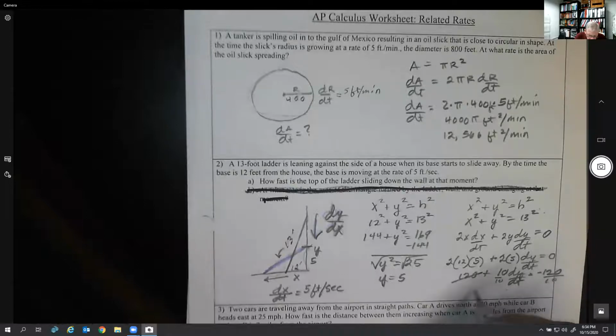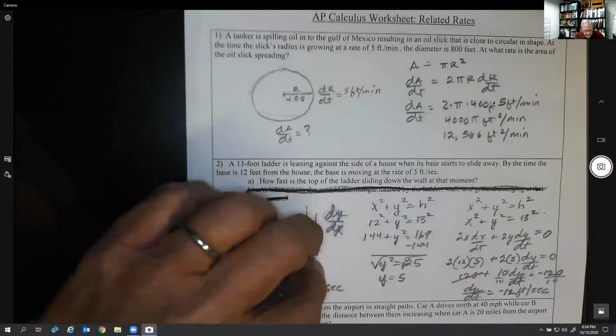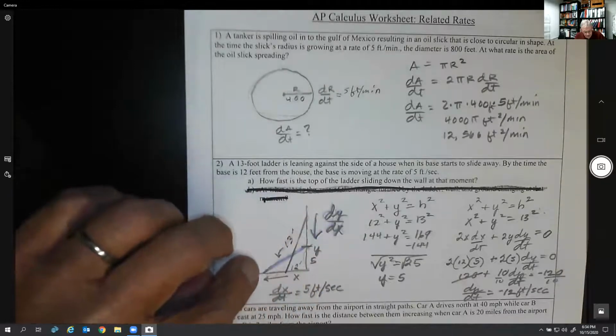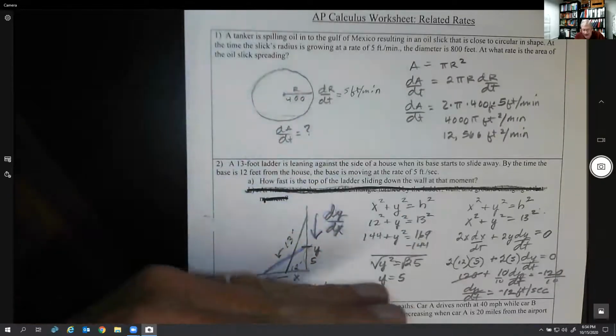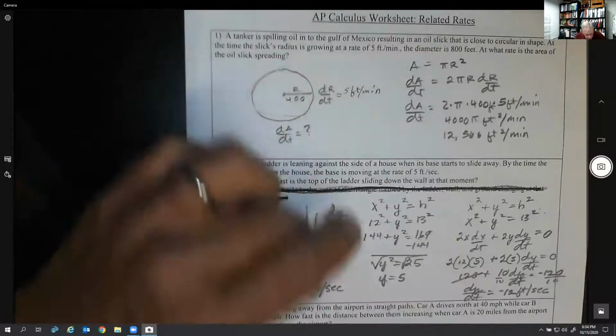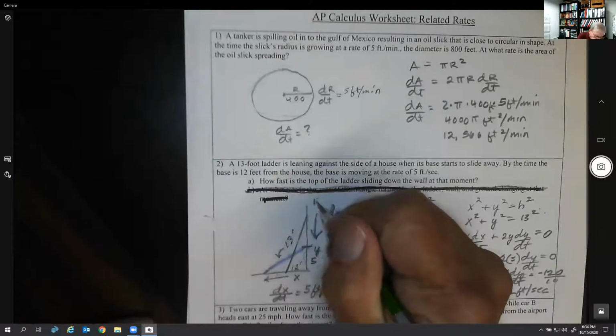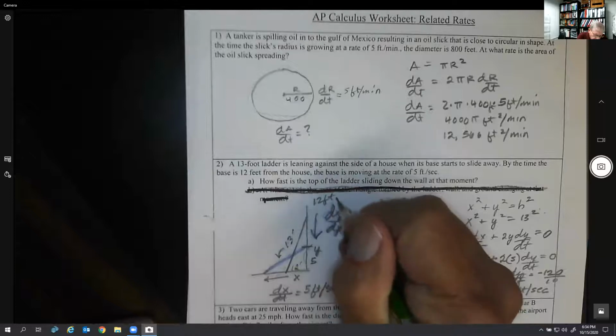And we get dy over dt equals negative 12 feet per second. So as this is moving out at 5 feet per second, you're actually coming down at 12 feet per second. This is dropping much quicker.